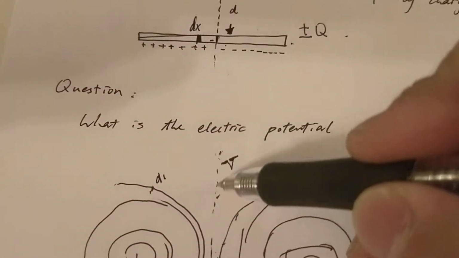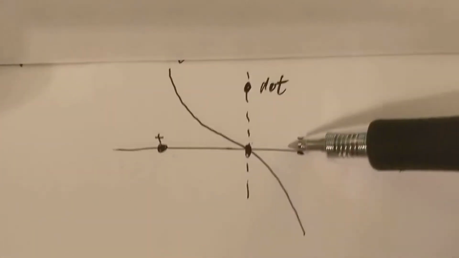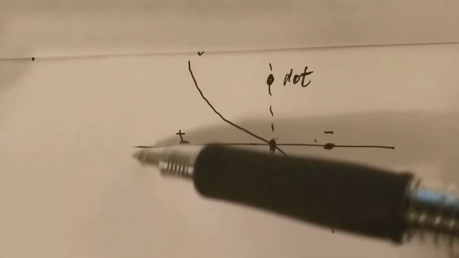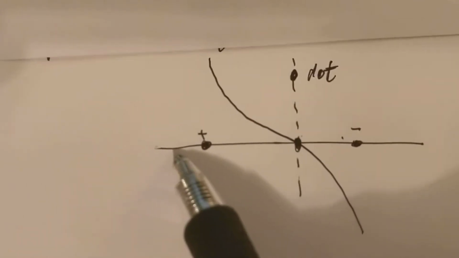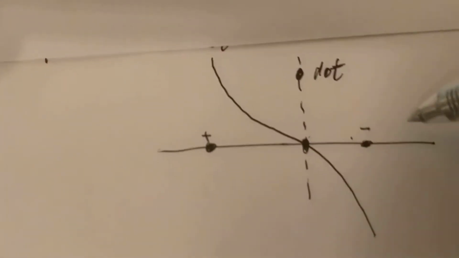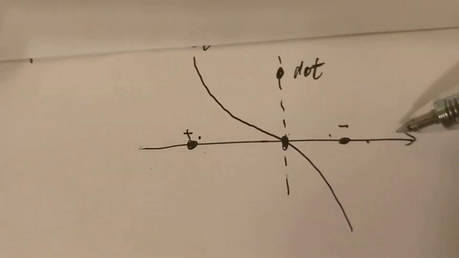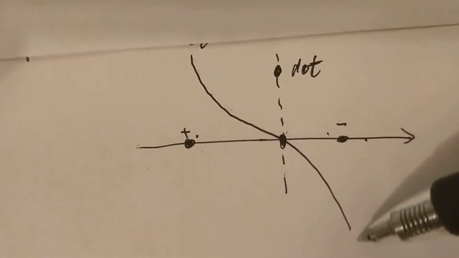Recall that when we did the fixed two charges on a line, moving an electron or proton toward the proton or the electron, remember the graph of the charge goes like this.